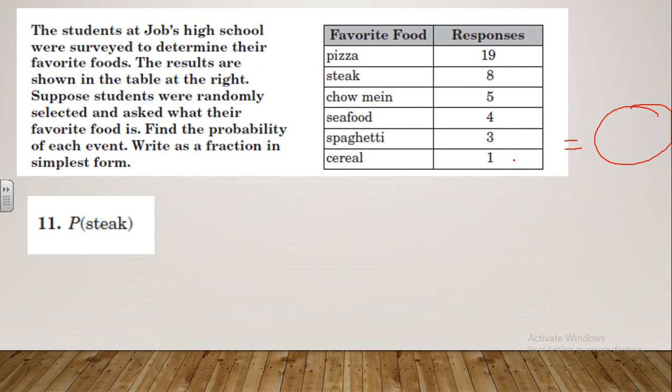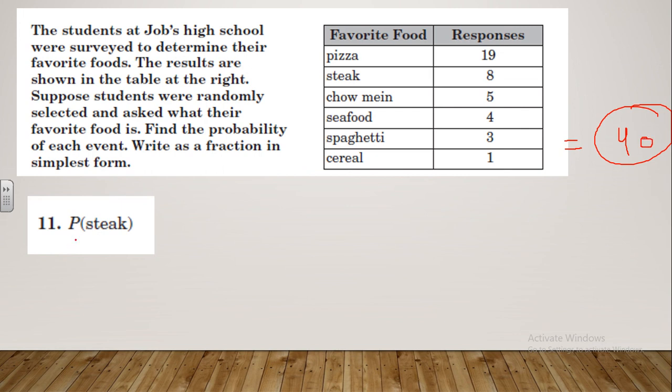Can you tell me what that equals? Come on, I will give you some time. Try to find the answer and tell me. Yeah, excellent. That will equal 40.